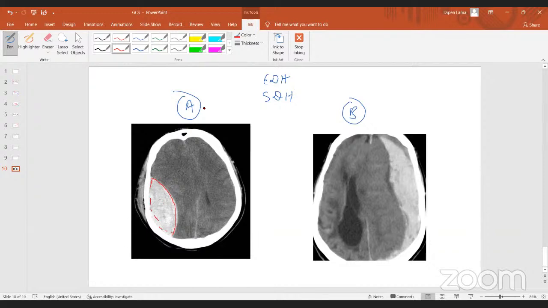So this is the finding of epidural hematoma. And here in B, this is crescent-shaped with concave hyperdensity. So this is the CT scan finding of subdural hematoma.